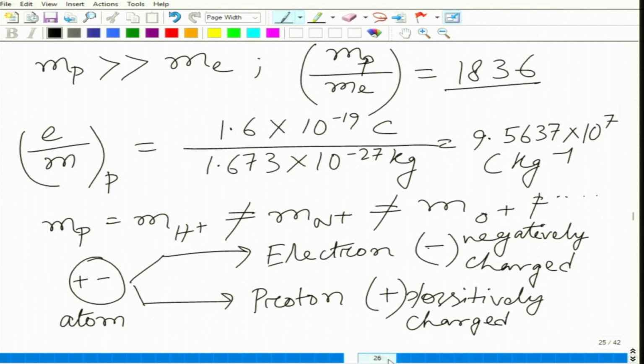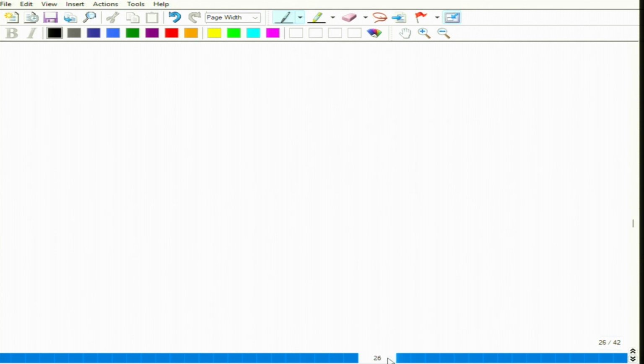Okay, before starting the atomic model, another very important thing was the charge to mass ratios of electron and proton, how they correlate, or what their comparison is. What was the charge to mass ratio of an electron?